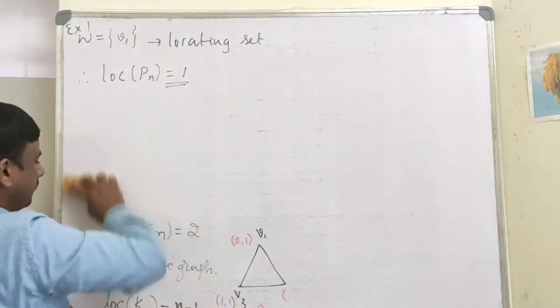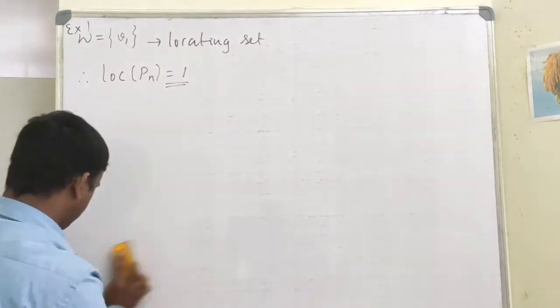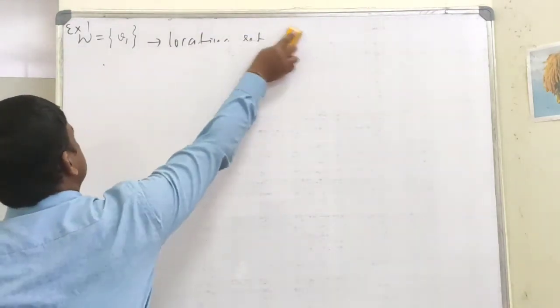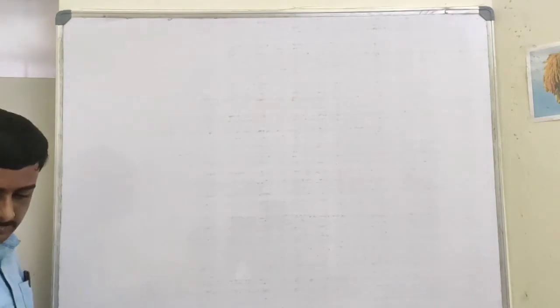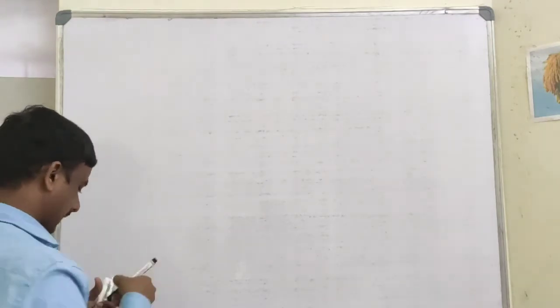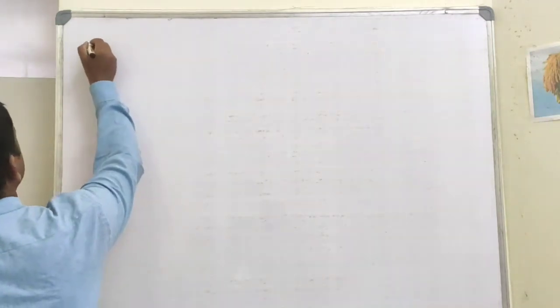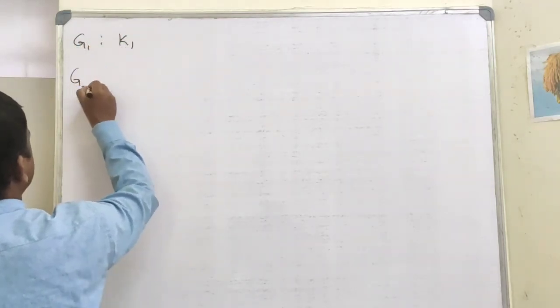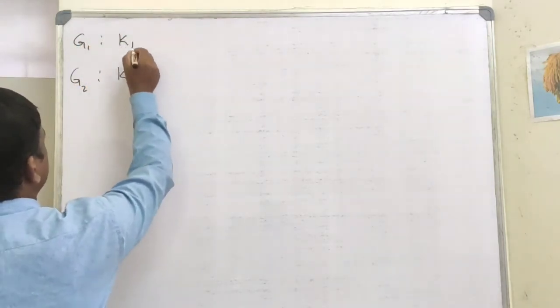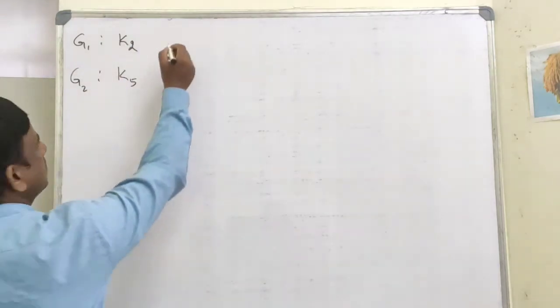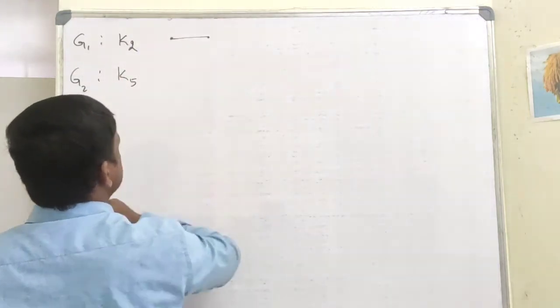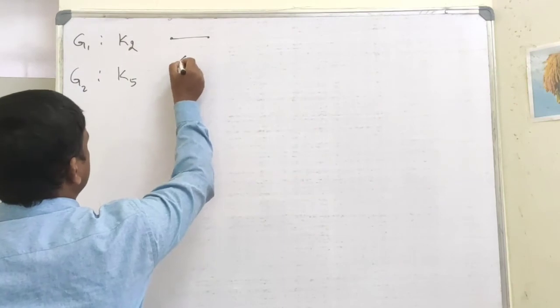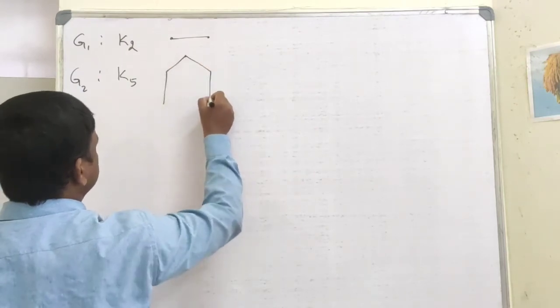Next, union of two graphs. Suppose you have two graphs, say G1 and G2. Say I have G1 equal to K2 and G2 equal to K5.